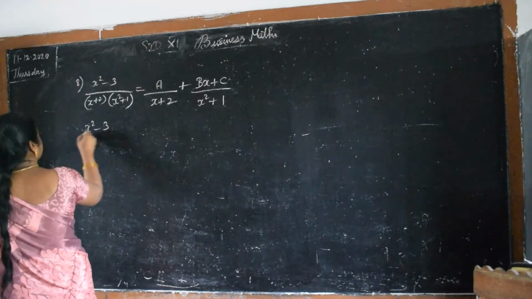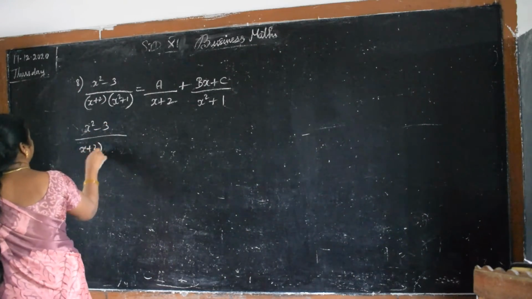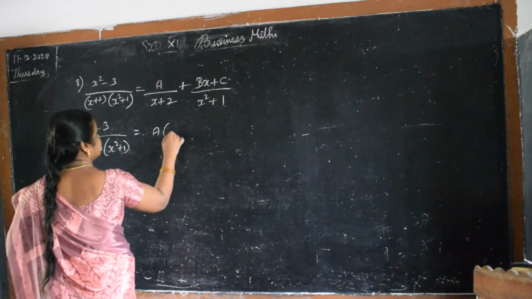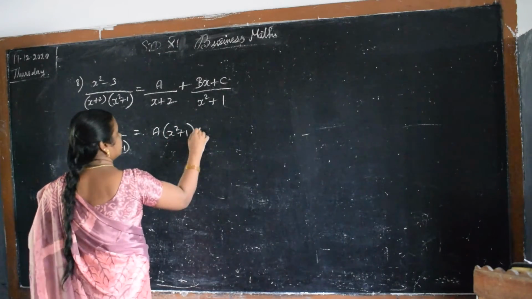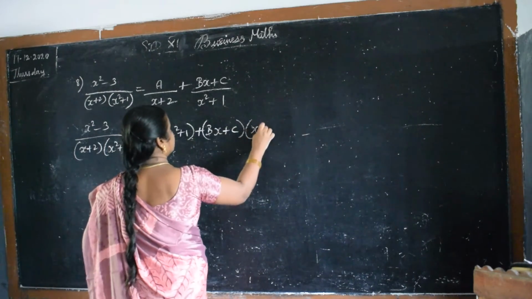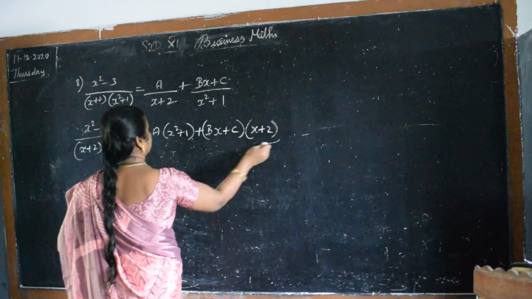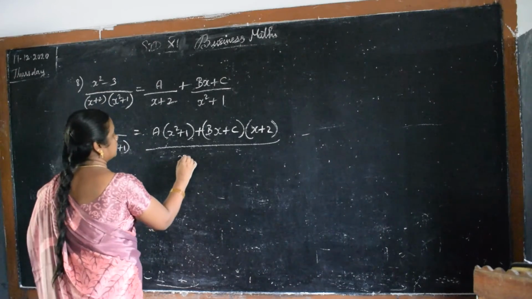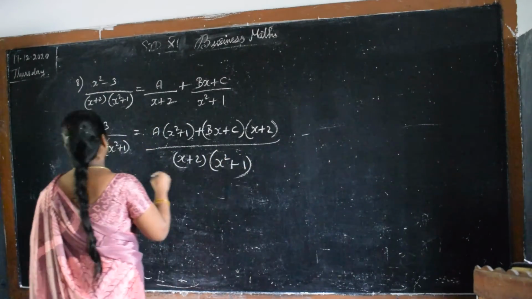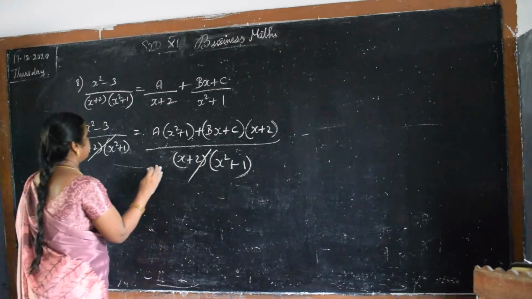(x² − 3)/((x + 2)(x² + 1)). Now take LCM. Here also, as usual, you have to cancel the denominator.